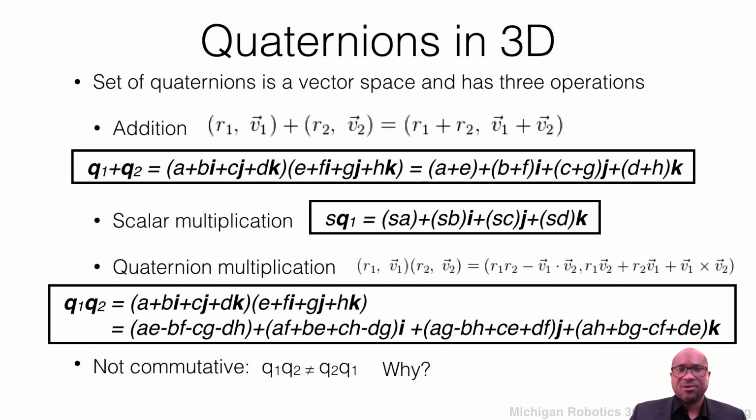Additionally, we can do quaternion multiplication, which looks like this up here. We should note that quaternion multiplication does not commute. If these represent rotations, whenever we apply a rotation, we're changing the axes of our frame, and so we can't commute those.